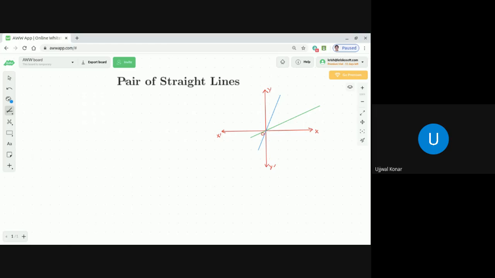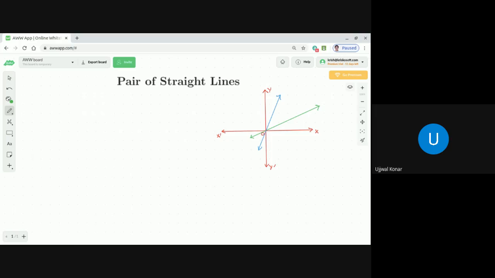These two represent a pair of straight lines passing through origin. So today we are going to first discuss this one, and in the next session we will discuss the pair of straight lines not necessarily passing through origin.